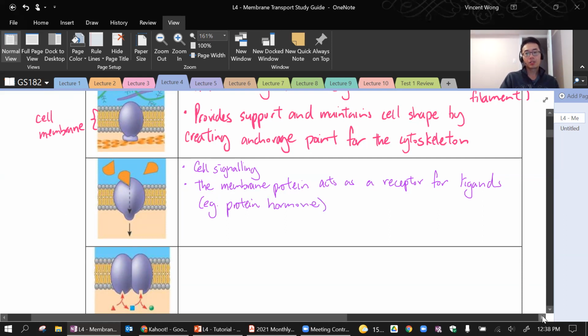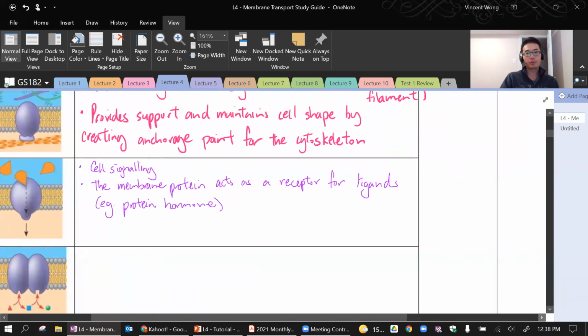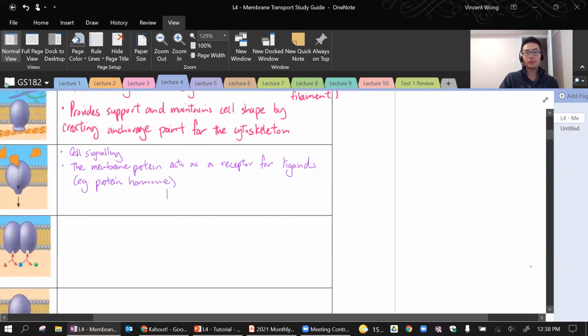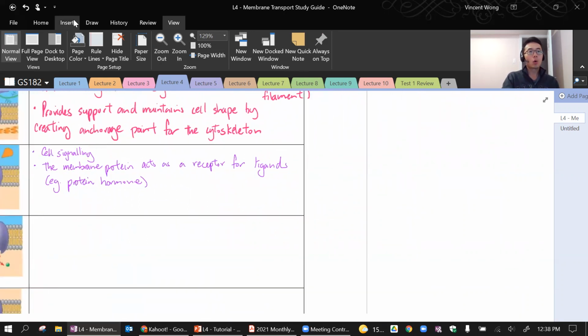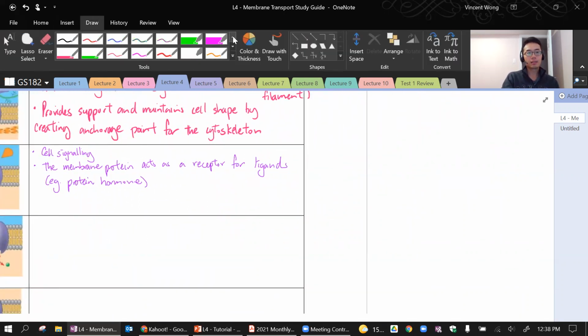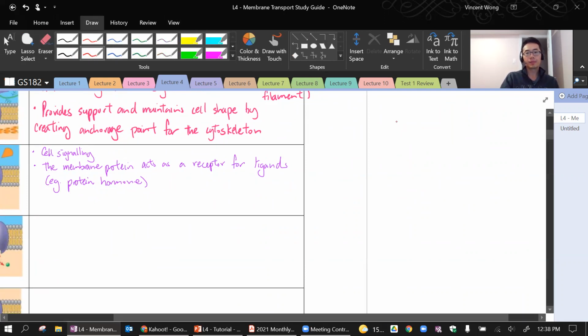Just to give you a quick lesson on hormones to help you understand this a little bit better. So this is hormone, and we talk about this multiple times already. What are two types of hormones that we have in the body? Anybody?